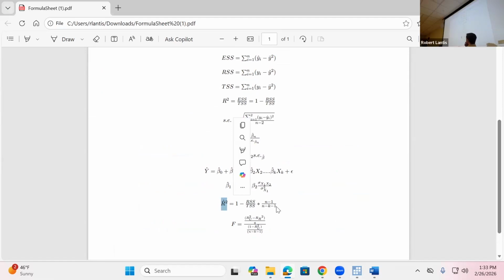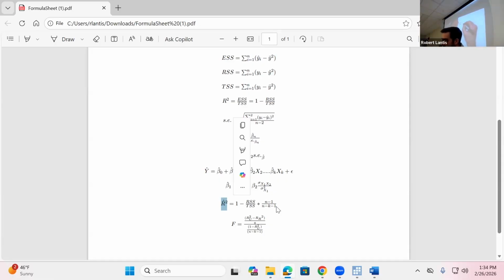But that little caret above our R squared told us we were looking at the adjusted R squared. So if this is my formula for the adjusted R squared, maybe I'll change that formula sheet to have that to make it a little bit easier.